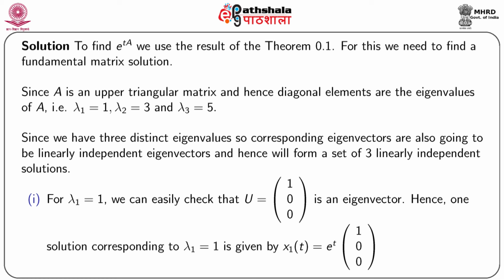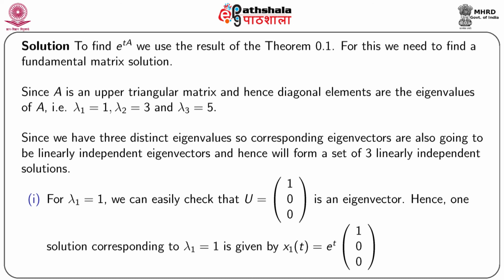Now we calculate the eigenvector corresponding to the eigenvalue lambda 1 equal to 1. As previously explained, it can be easily checked that (1, 0, 0) is an eigenvector in this case, and therefore we conclude one solution corresponding to lambda 1 equal to 1 is given by x1 equal to e to the power t into (1, 0, 0).